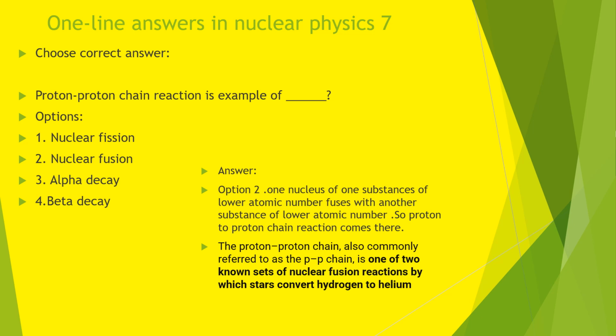So the proton-proton chain reaction comes here. It happens mainly in the sun and celestial bodies. The proton-proton chain, also commonly referred to as the PP chain, is one of two known sets of nuclear fusion reactions by which stars convert hydrogen to helium.